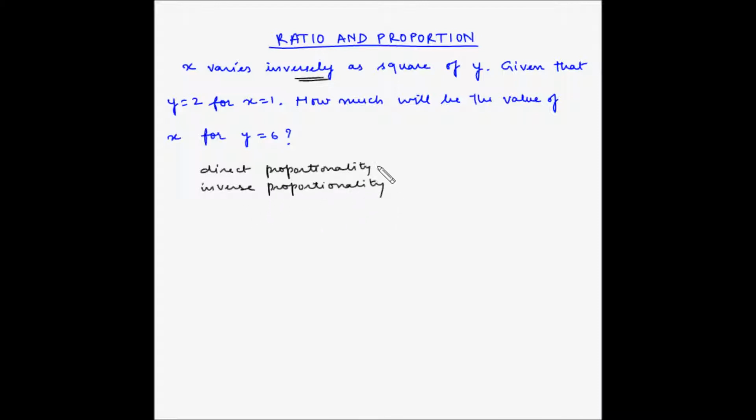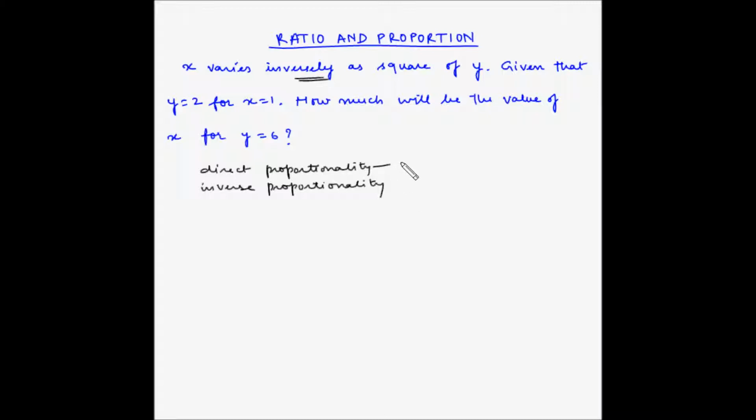Now, direct proportionality means that when one value increases, the other also increases, while inverse proportionality means that when one value decreases, the other increases at the same rate.